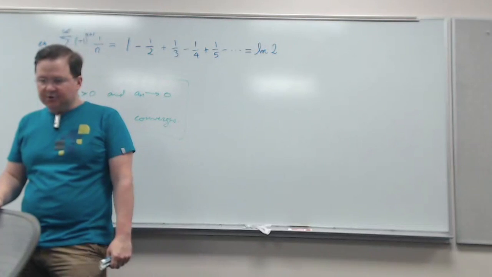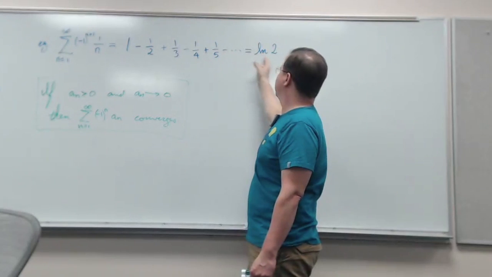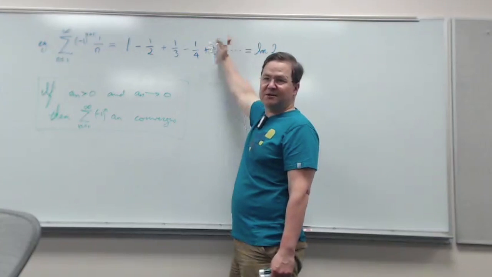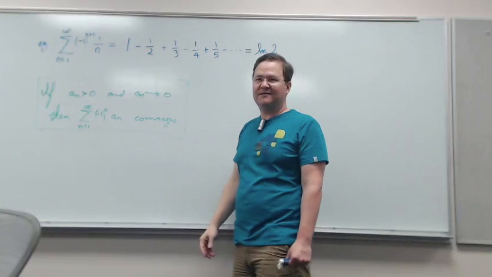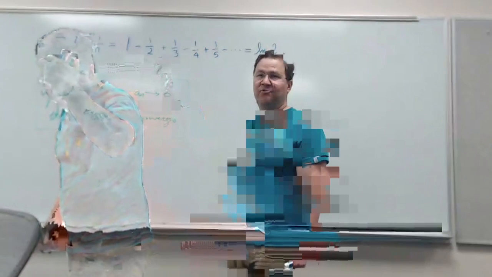If I wanted to just stop at 1/5, and we're not in chapter 6 and don't know that it equals natural log 2, then I just have an estimate. I'd like to know how close I am to the actual answer. The remainder theorem will tell us that. And some vocabulary.